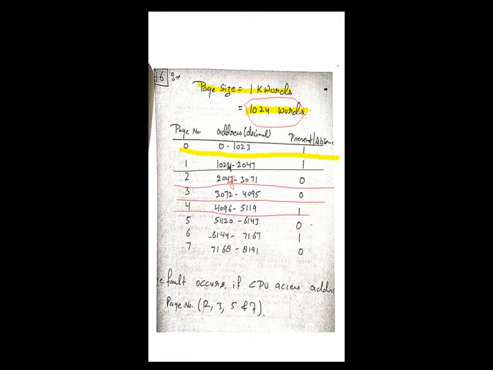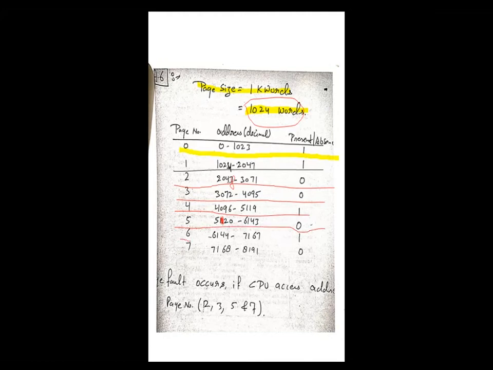The next address is 5120, again there is a mistake here, it is only 5120. This is 5120 to 6143, then after 6143, 6144 to 7167, then 7168 onwards. So this is the page table.